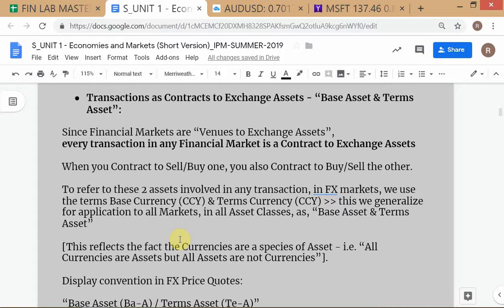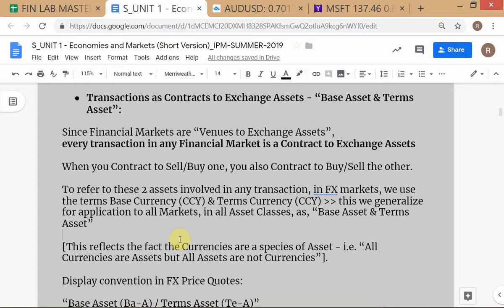That's a contract. It's a service plus product contract. So similarly, a transaction in a financial market, we will see it as we are already familiar with what a contract is. So it's a contract to exchange assets, because in a financial market there are two assets that are being exchanged. So whenever we have a transaction in a financial market, we are going to see it as a contract to exchange assets.